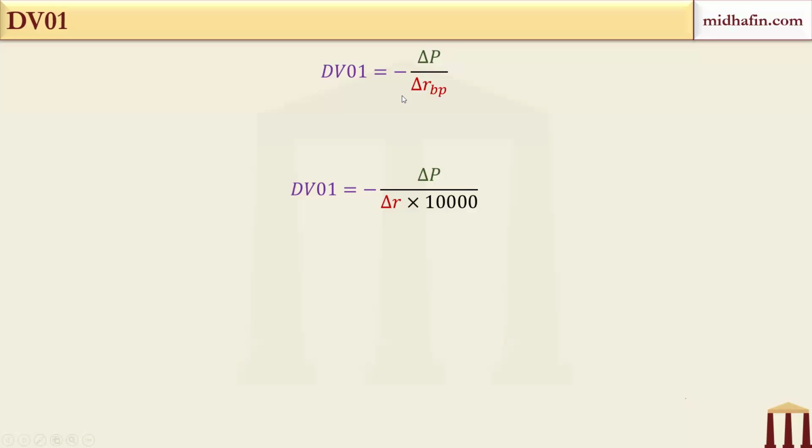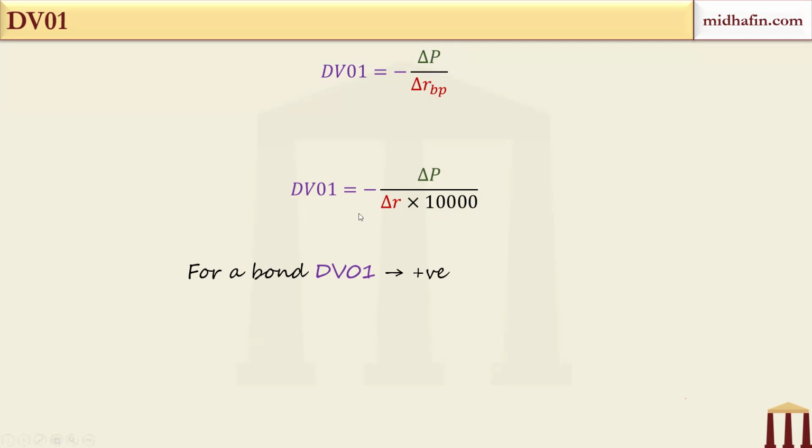So if I say 5 basis points, I'll simply write delta P by 5. If it is given that the interest rate changes by 0.0005, then it will be delta R times 10,000, which gets converted into 5, because 0.0005 multiplied by 10,000 turns out to be 5.